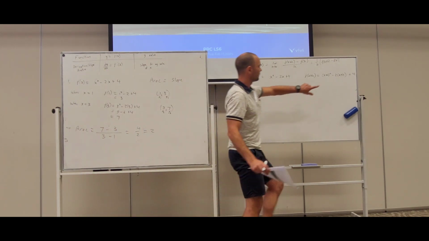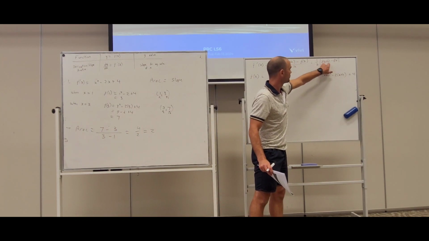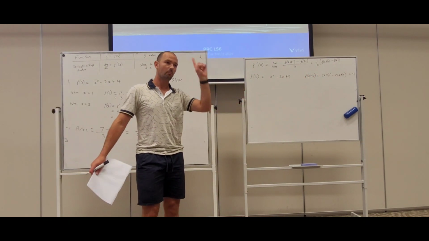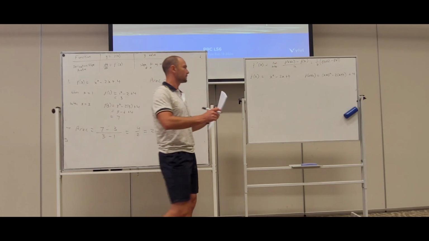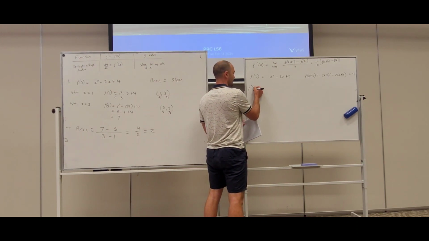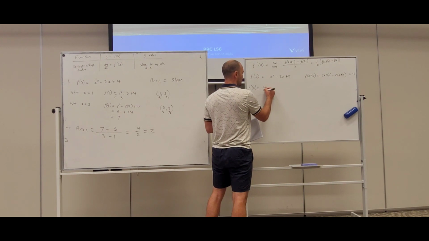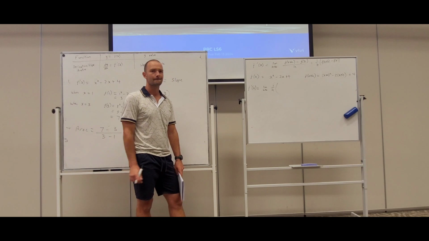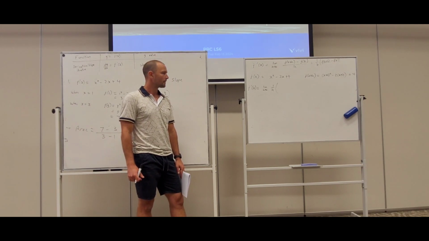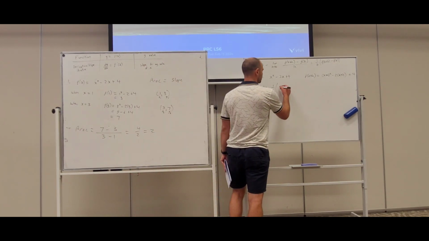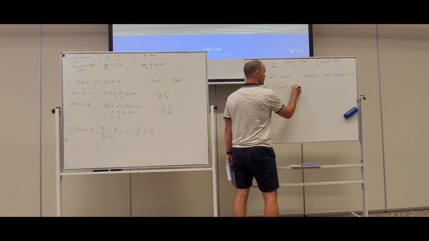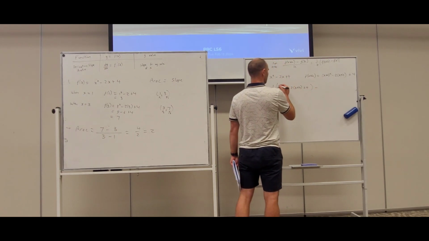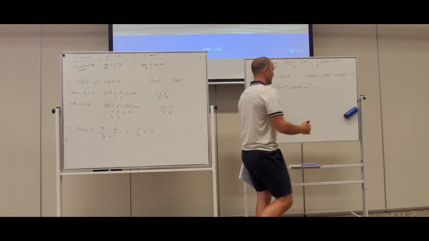So now we've got everything. We've got the f of x plus h component, we've got the f of x component, and we're ready to start the process. So step 1, put it all into the first principles formula. So I'm going to have f dash of x is the limit as h approaches 0 of 1 on h multiplied by f of x plus h take away f of x.